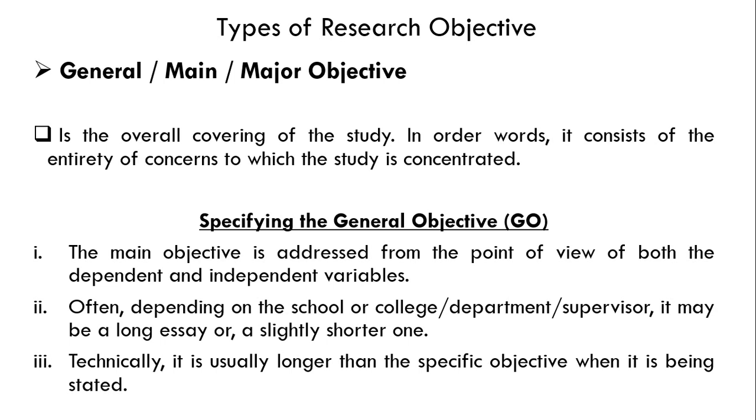So the two can actually come into place depending on the school format, but technically a general objective is usually longer than the specific objective when it is being stated. So what we are saying here is that whether it is the general, the main, or the major objective, when you are specifying it, it is often lengthier than the specific objective.